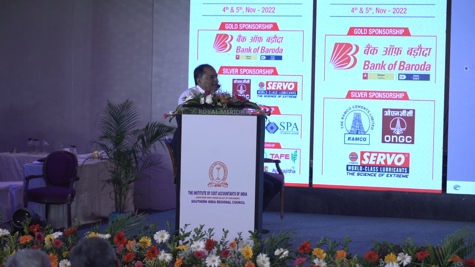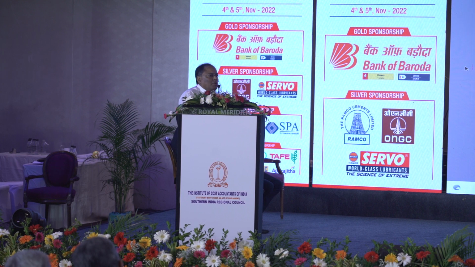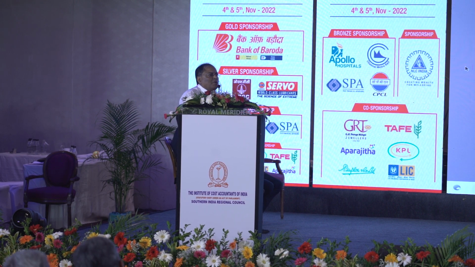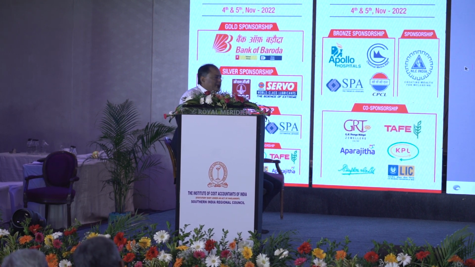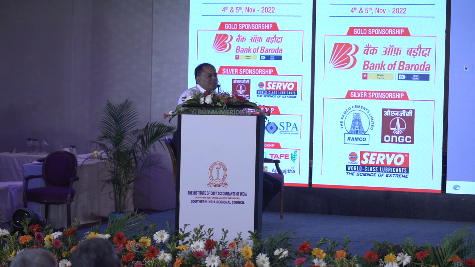Then there are other complications coming from the patient side. A patient will go to a neighborhood doctor and get treated. If it is not getting cured, he will go to a hospital referred by his doctor, which is probably not a super specialty hospital. It may be a neighborhood hospital. He will take a treatment, then finally land up in a tertiary care hospital.